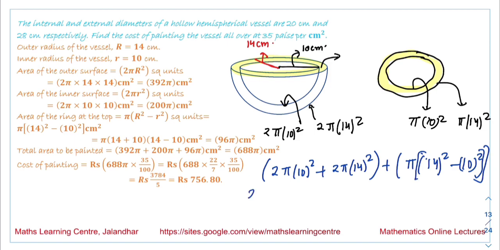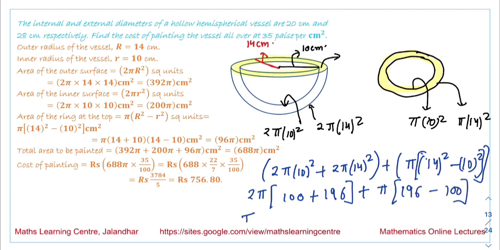So from these two terms we will get 2 pi common, and we are left with this 100 plus 14 square, and the value of 14 square is 196, plus pi into 196 minus 100. Again pi is common from these two, and we get 2 into 296 plus 96.